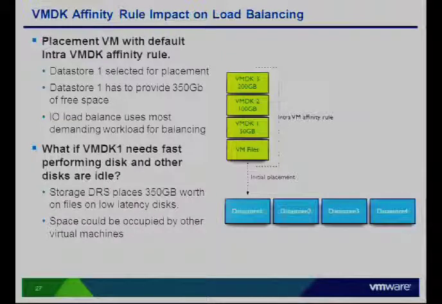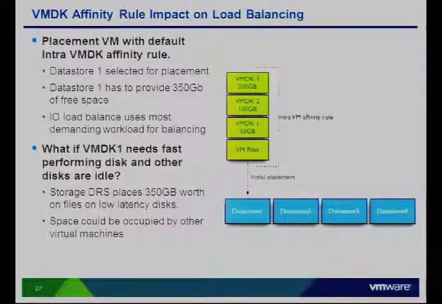Maybe the third disk is a high I/O load disk, so maybe that contains the data store of the database of this virtual machine. Now, when you enable I/O load, it will need to provide the data store that can handle the I/O load generated by the virtual machine. So what happens if one of these disks is a high I/O load generating disk while all the others are idle? How does Storage DRS decide to place it?